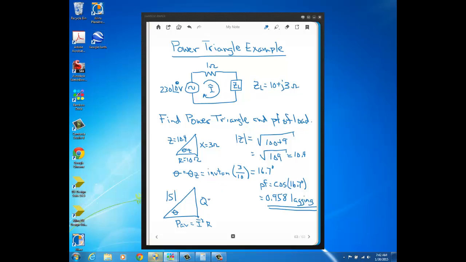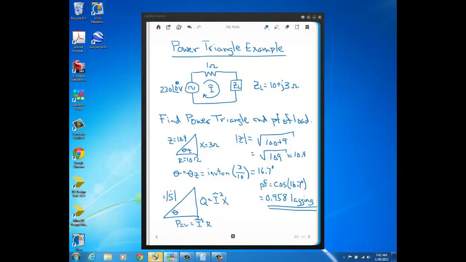And then Q, reactive power, is just I squared X.